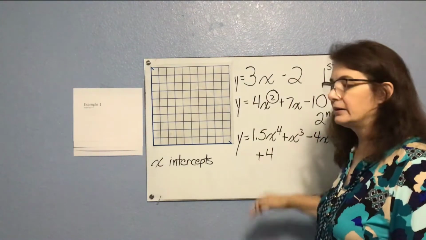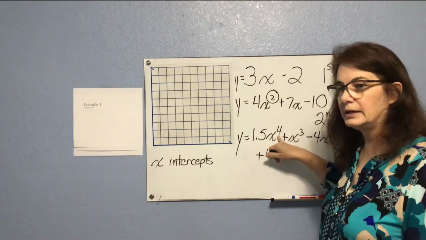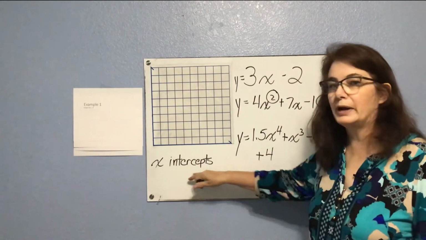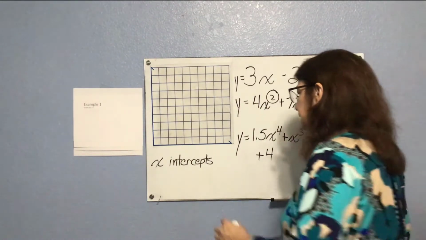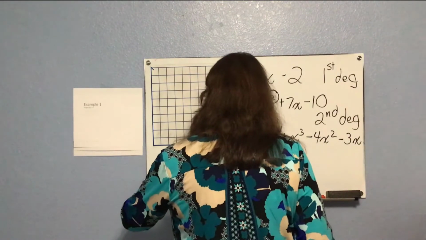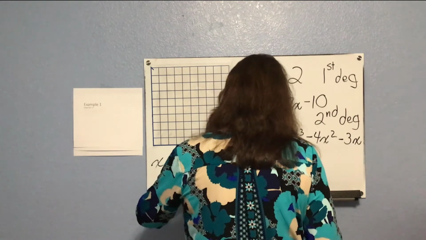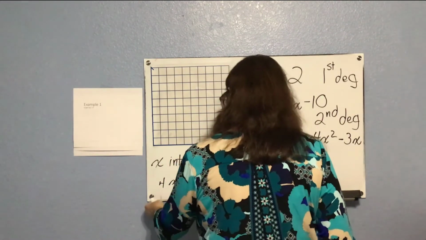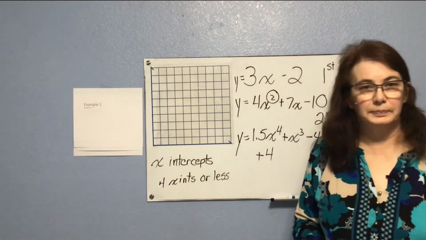And the rule for x-intercepts is that whatever the highest degree exponent is, there will be no more x-intercepts than that. So since this is a fourth degree equation, it will have 4 x-intercepts or less. Might not have 4, but it won't have any more than 4.